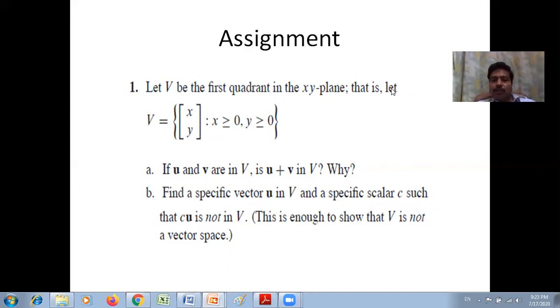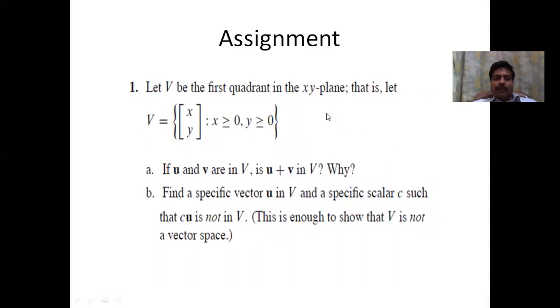Whatever we do in the next classes, the theory of vector spaces will apply to those systems which satisfy all the 10 conditions. We build the next theory on those 10 axioms. So in this example, the first quadrant of the xy plane is not a vector space.